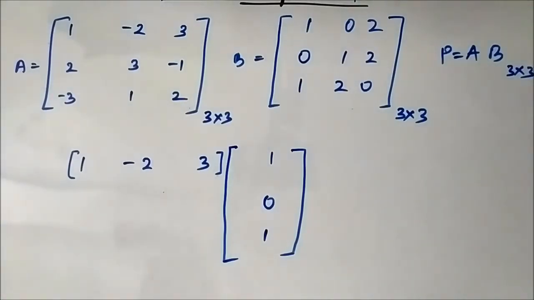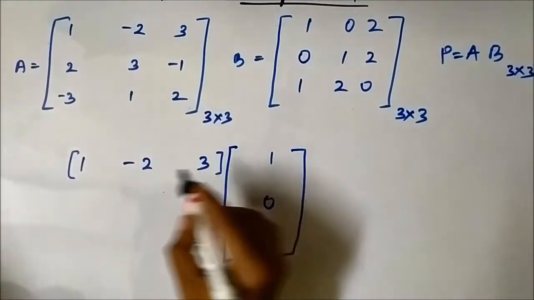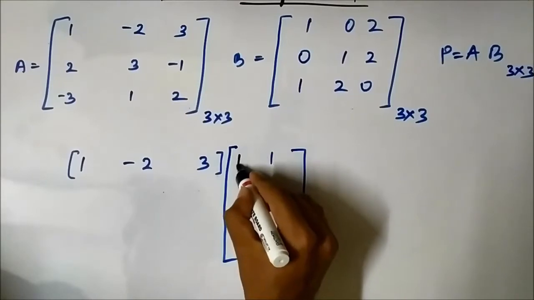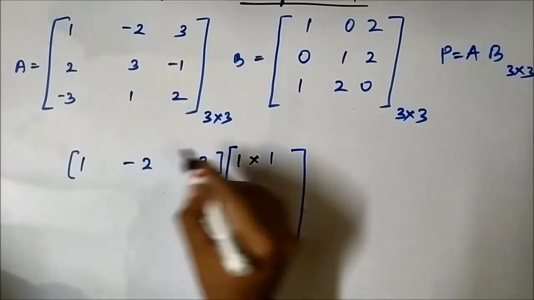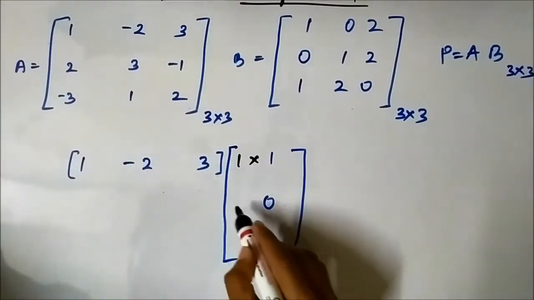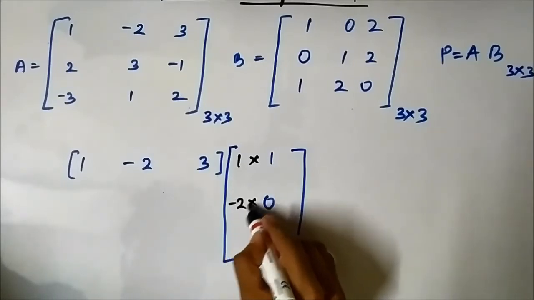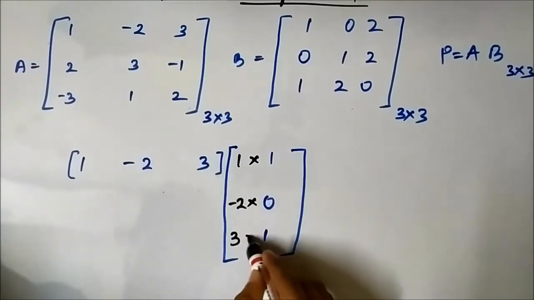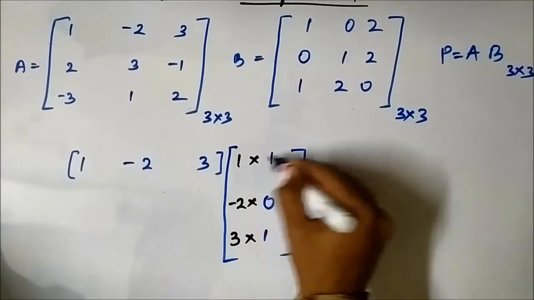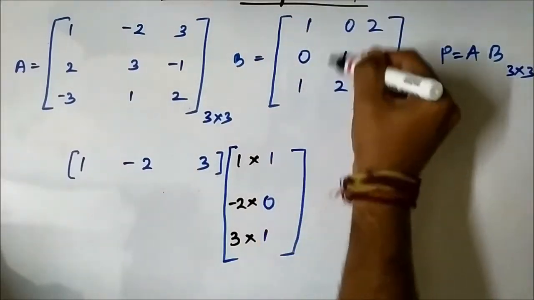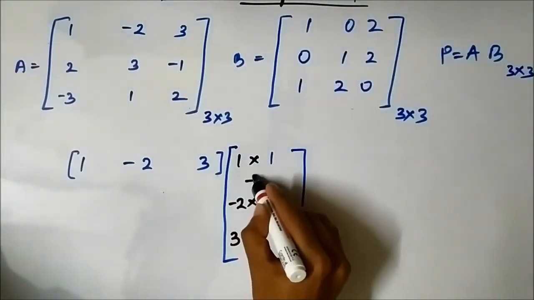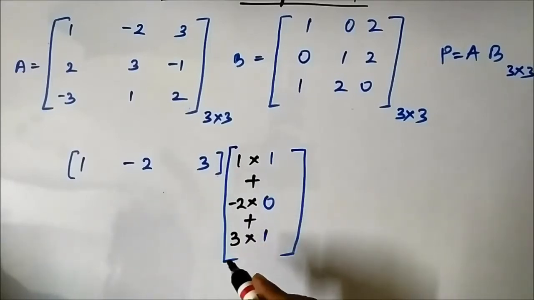So what happens is that, similarly as we did in the 2 cross 2 matrix, this one comes here, this minus 2 comes here, and this 3 comes here and gets multiplied with the respective elements of this first column, and then they are added.